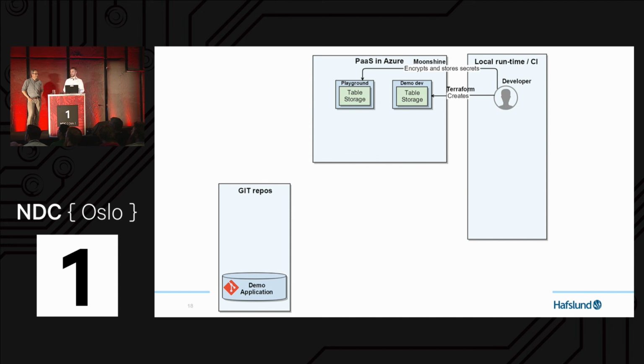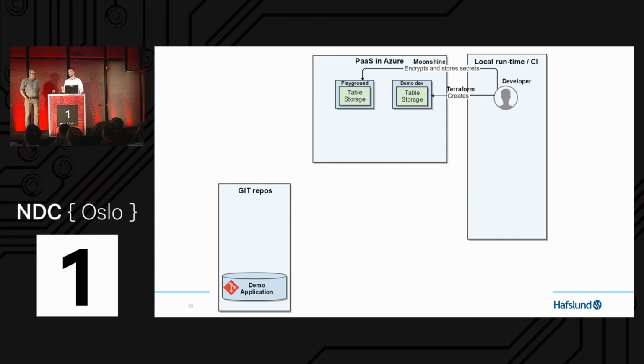So we have this developer sitting in his or her local environment. You start from scratch and you write some Terraform code because you want to test your entire integration of databases and so on. So you have to write, okay, I need a table storage account in Azure, so you write code for that.